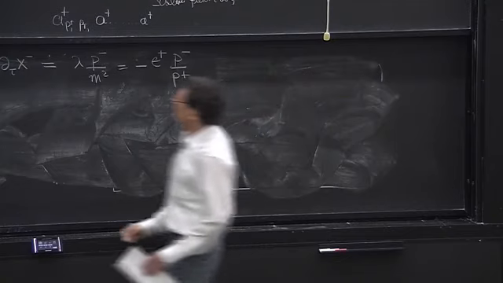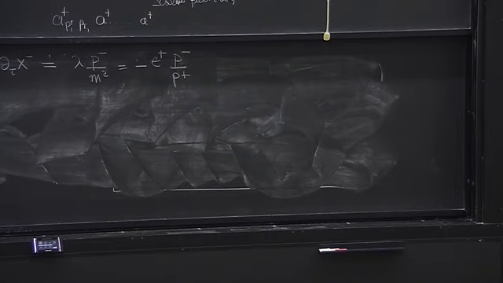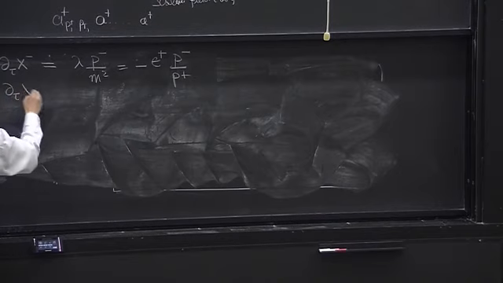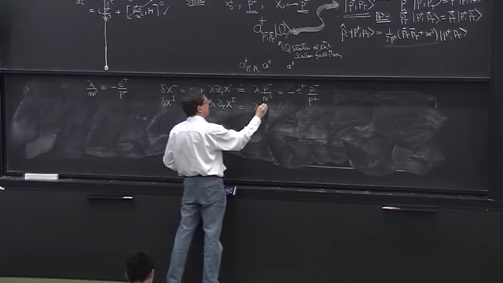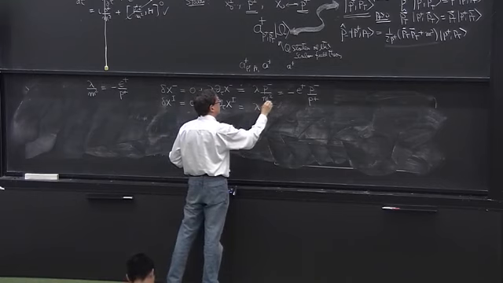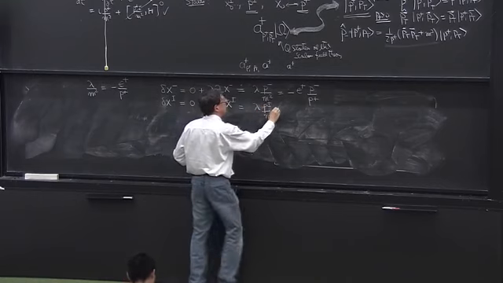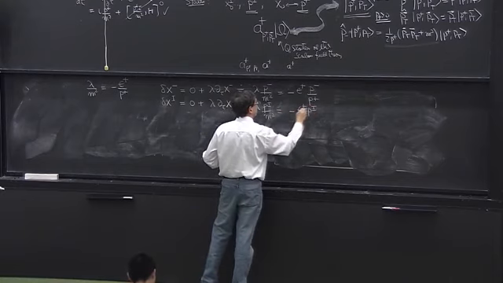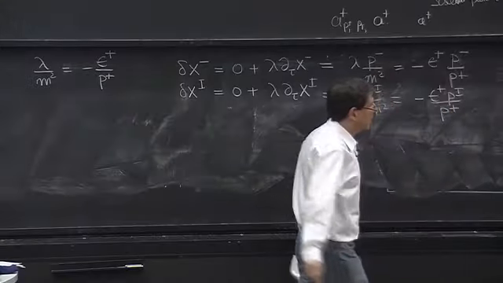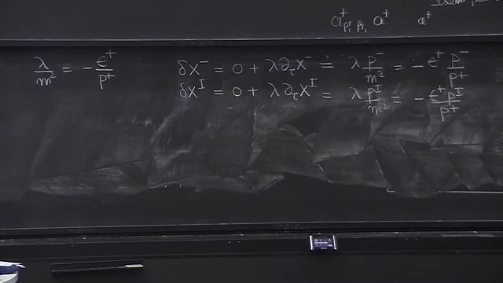Similarly, for delta xi, it wouldn't translate it, but the reparameterization still holds, d tau xi, so this should be lambda. D tau xi is pi over m squared, so you get minus epsilon plus pi over p plus, which is the other one.